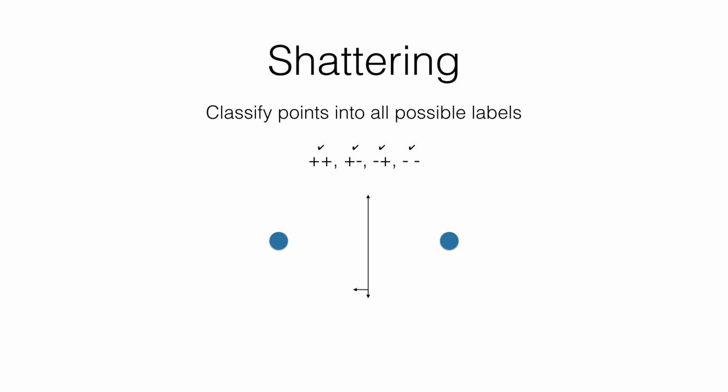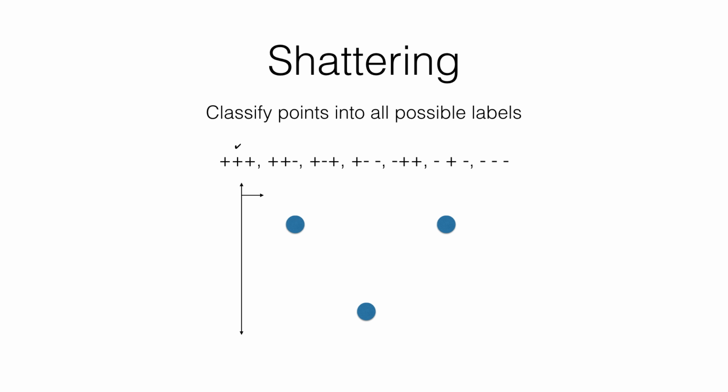So now let's try this with 3 points. Again, these are the possible labelings we want to be able to produce with a linear classifier to show that linear classifiers can shatter 3 points. We want to show plus plus plus, plus plus minus, and so on, all the way to minus minus minus. First, we can classify all the points as positive, and we can also classify all the points as negative very easily, so those are easy to check off.